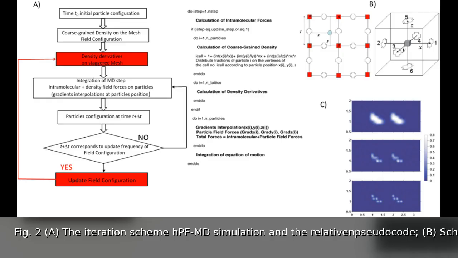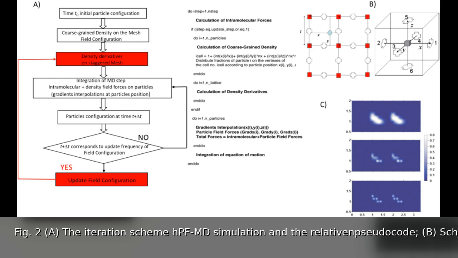Figure 2 provides insight into the computational iteration scheme used in HPFMD simulations, as well as methods for assigning particles to lattice points. Panel A illustrates the iteration scheme and relative pseudocode, outlining the simulation steps. Starting at time t0, the system's density-dependent external potential is established based on particle positions.